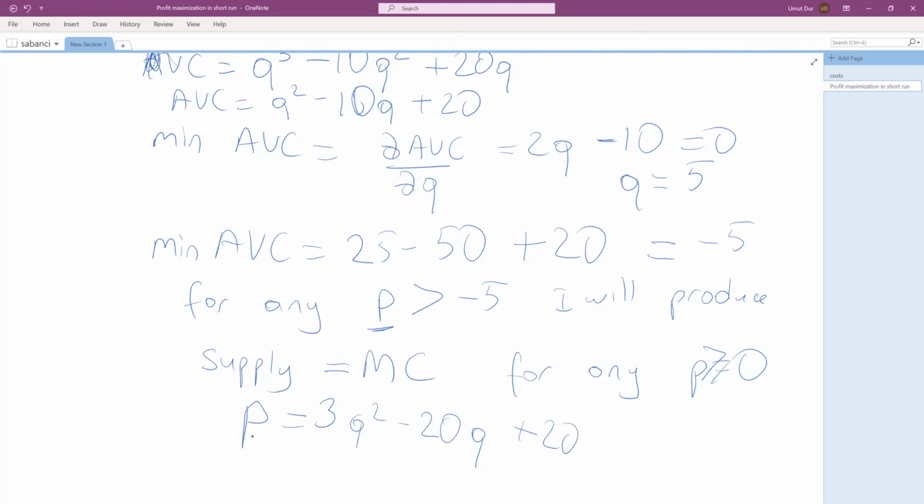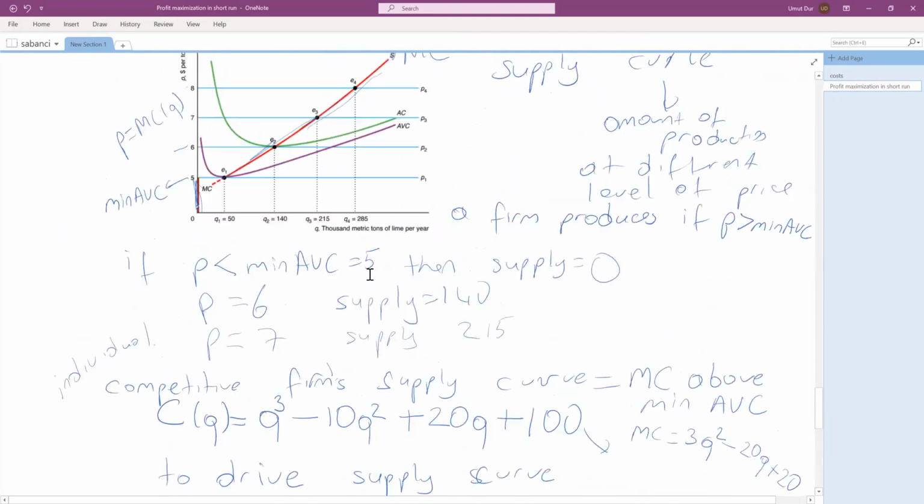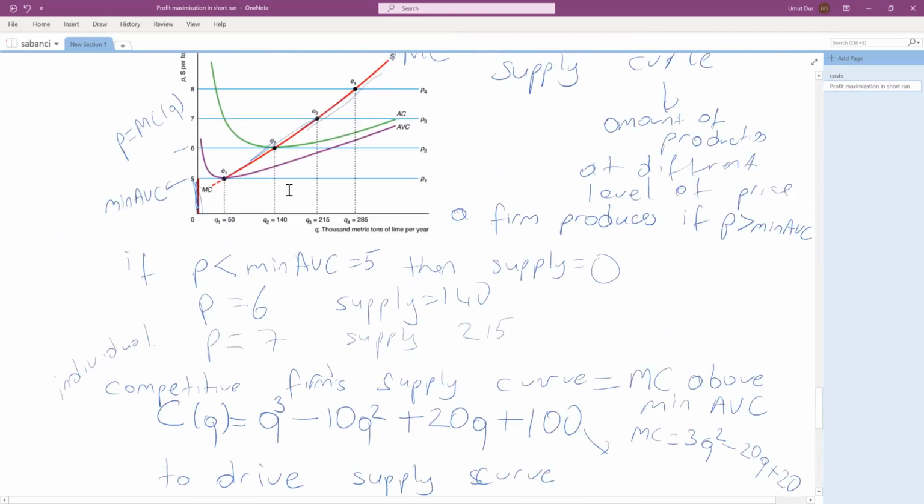Takip edebildiniz mi burayı? Cost, bu negatiflikten kastımız şu. Burada average variable cost'u çiziyoruz ya. Aslında burada average variable cost şöyle bir şeymiş. Anlatabildim mi? Yani burada minimum of average variable cost negatif bir sayıya denk geliyor.